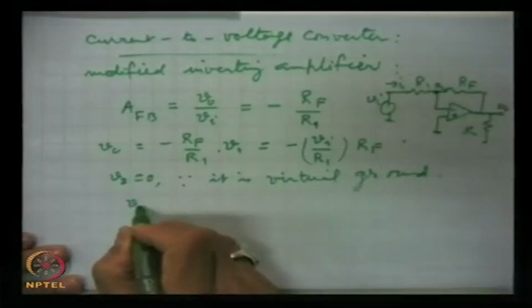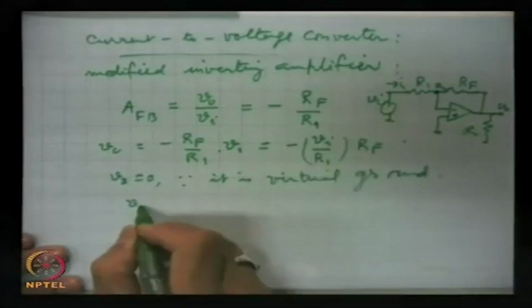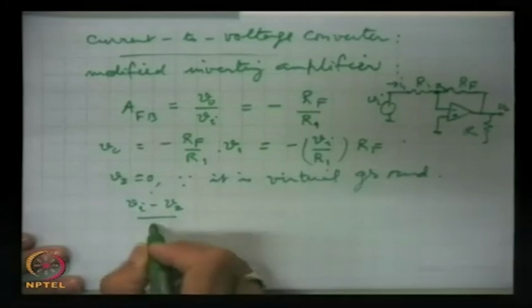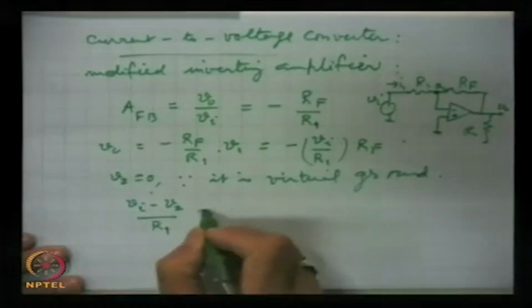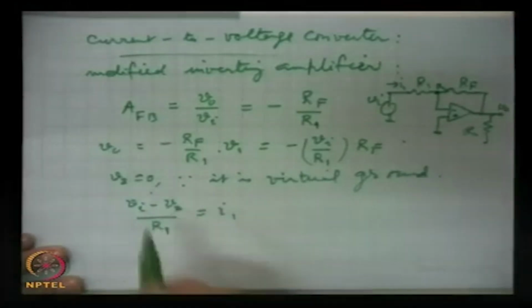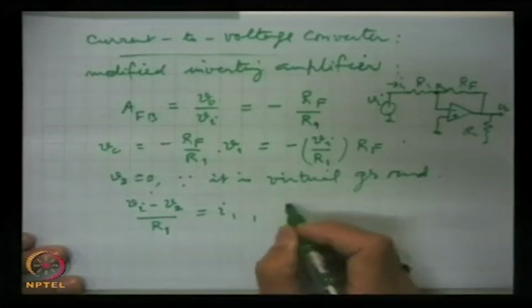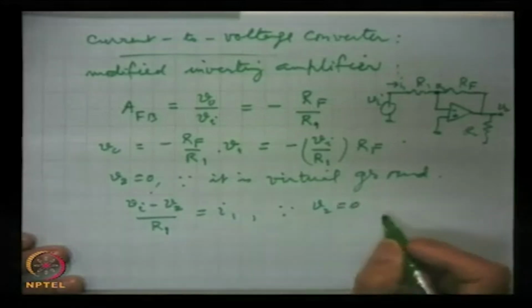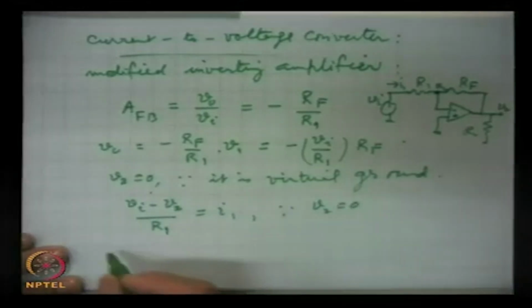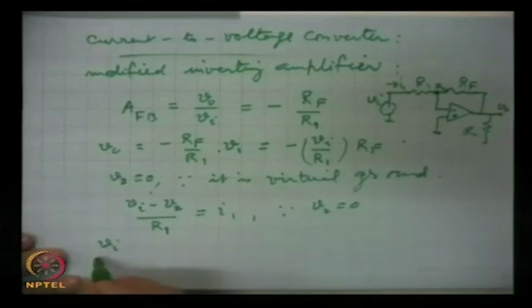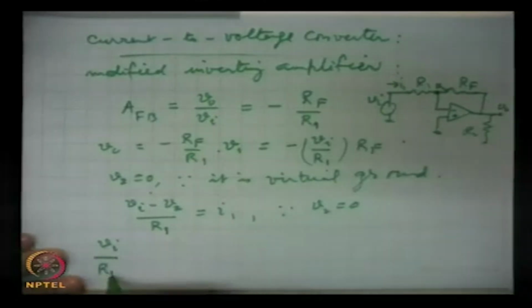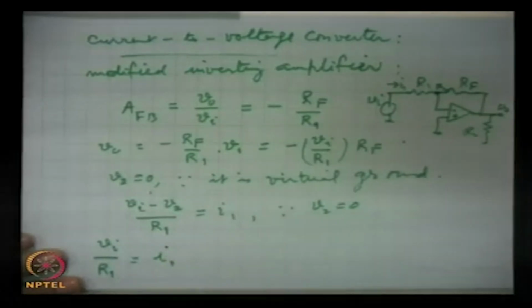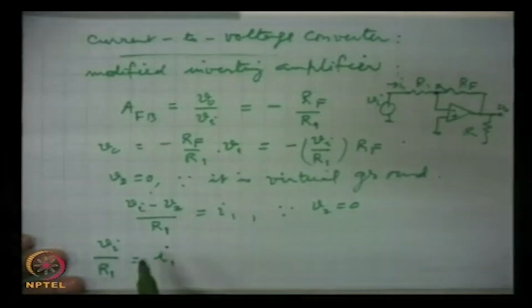Vi minus V2 divided by R1 is I1, but because V2 is 0 as it is virtual ground, Vi by R1 is equal to I1, and this we can substitute.